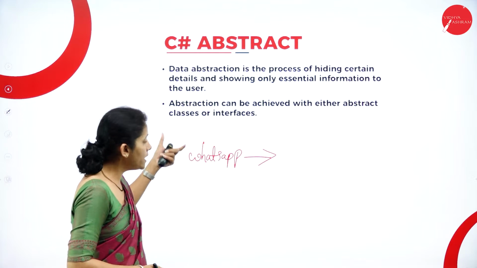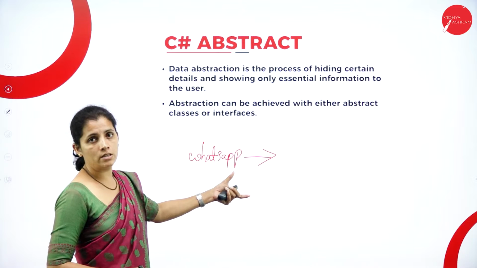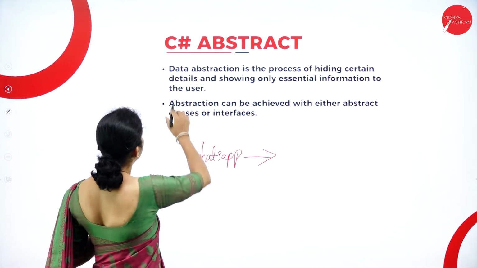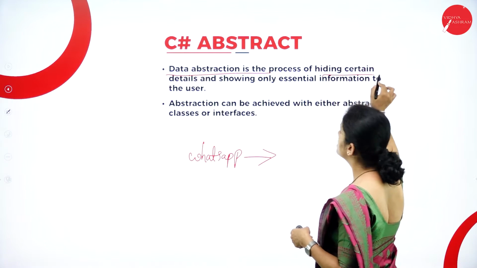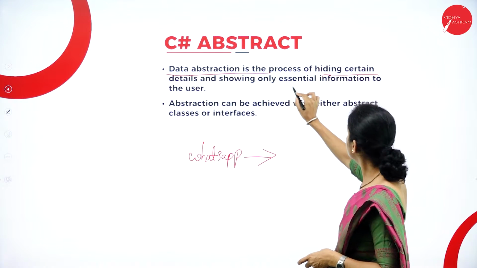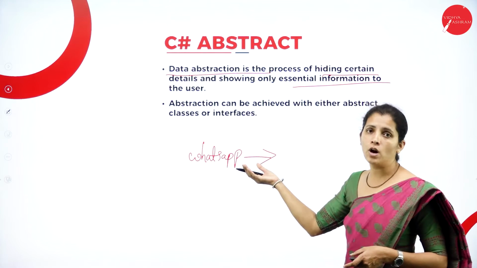But all the implementation parts are hidden from the user, which is known as abstraction. So, data abstraction is the process of hiding certain details and showing only essential information to the user. The best example is WhatsApp.